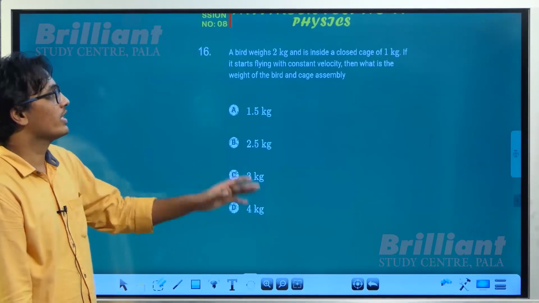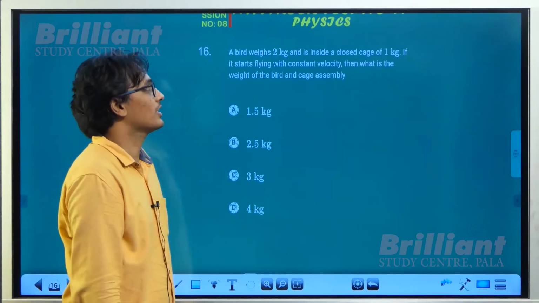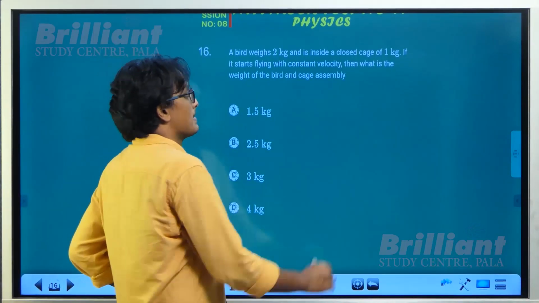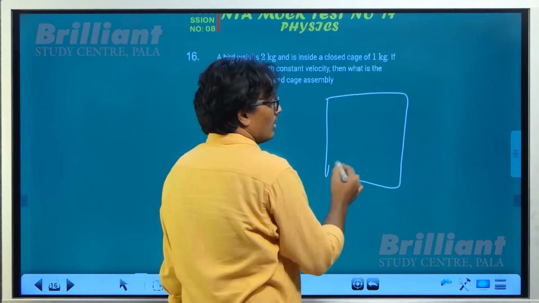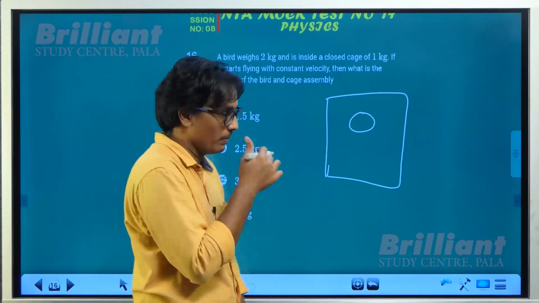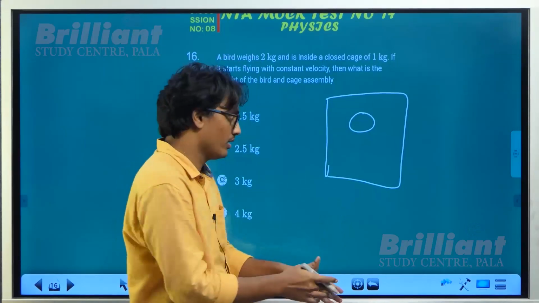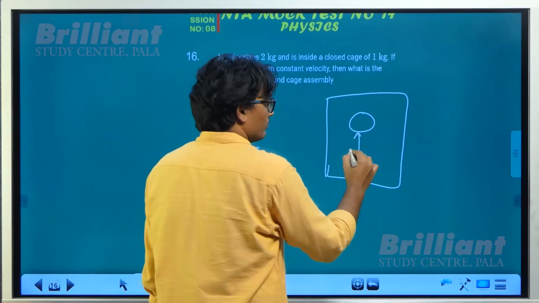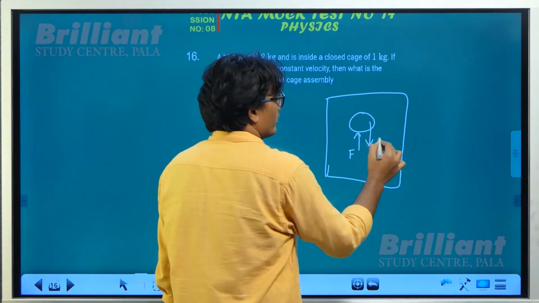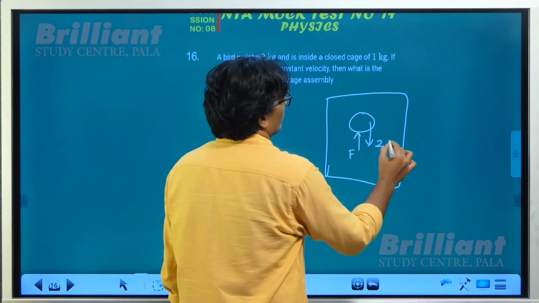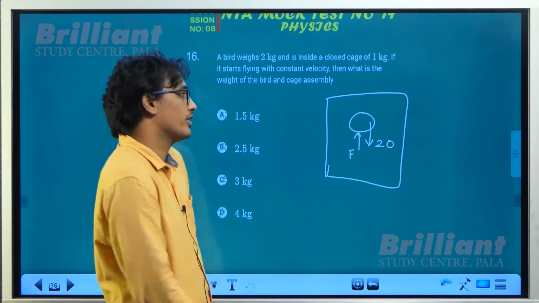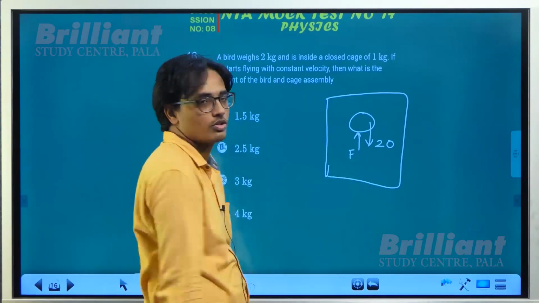Next, a bird weighs 2 kg and is inside a closed cage. If it starts flying with constant velocity, then what is the weight of the cage? A bird flies because it is applying some force on the air, and air will apply some force on it, and there is its own weight, 20. They said it has no acceleration, so F must be equal to 20.